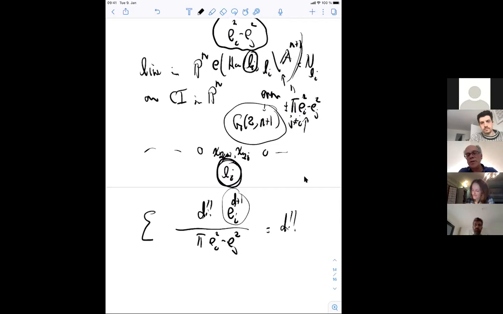So that's one computation that she does. And then she does a bunch of other ones for not just hypersurfaces, but complete intersections. The complete intersection is basically the same computation. You just get the products of those double factorials.